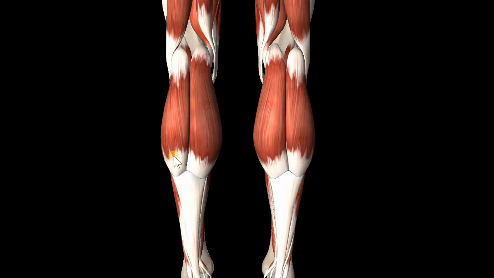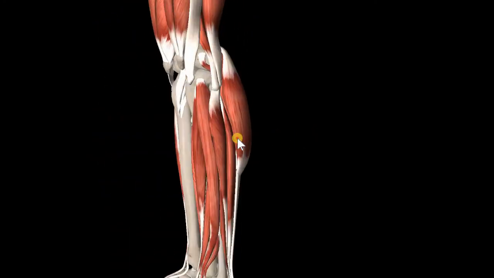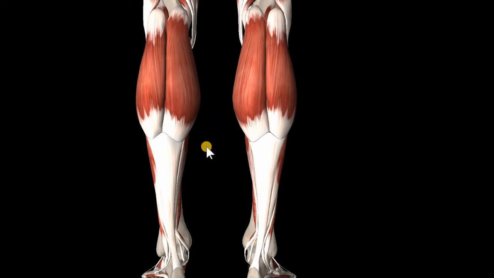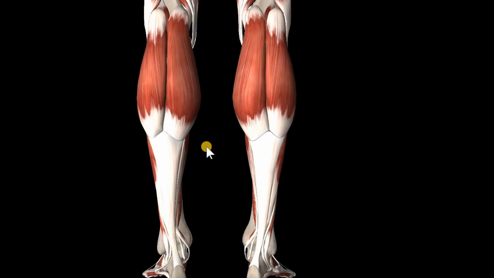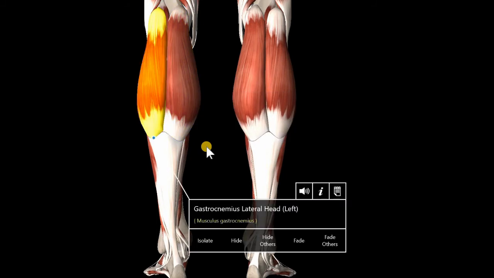A posterior lower leg. So here's an anterior view. There's a posterior view. We'll look at the gastrocnemius. In lay terms we call it the calf muscle. This one we have a medial head of the gastrocnemius and a lateral head.